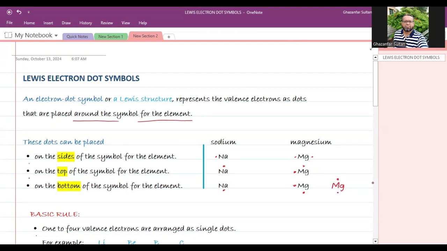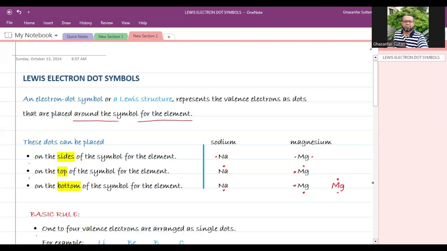You can draw both of them. So these are the different ways. But for drawing the dot structure, you should know the valence electrons. And valence electrons can be determined either by writing the electronic configuration or directly from the periodic table.